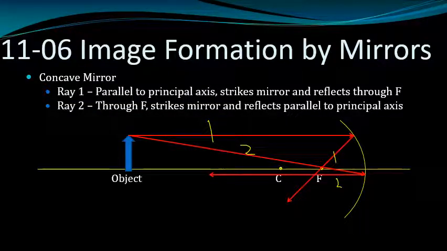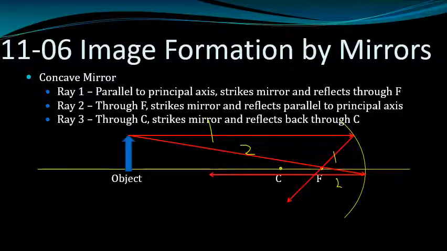Ray 3 goes through C, strikes the mirror, but since C is the center of curvature, this is like a radius. It's going to be perpendicular to the edge of the circle, so that means it comes straight back. So that is ray 3.